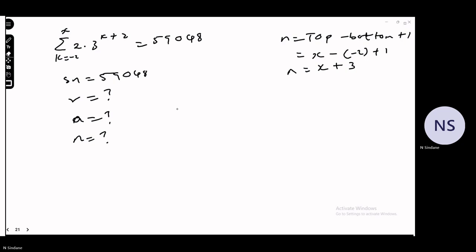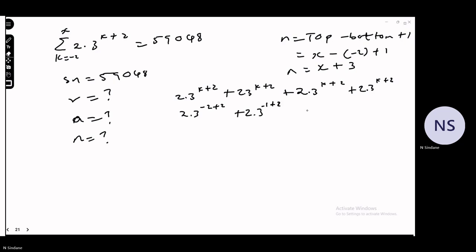Now, n. We have 2 multiplied by 3 to the power k plus 2, added for each value of k: 2 multiplied by 3 to the power negative 2 plus 2, plus 2 multiplied by 3 to the power negative 1 plus 2, plus 2 multiplied by 3 to the power 0 plus 2, plus 2 multiplied by 3 to the power 1 plus 2.